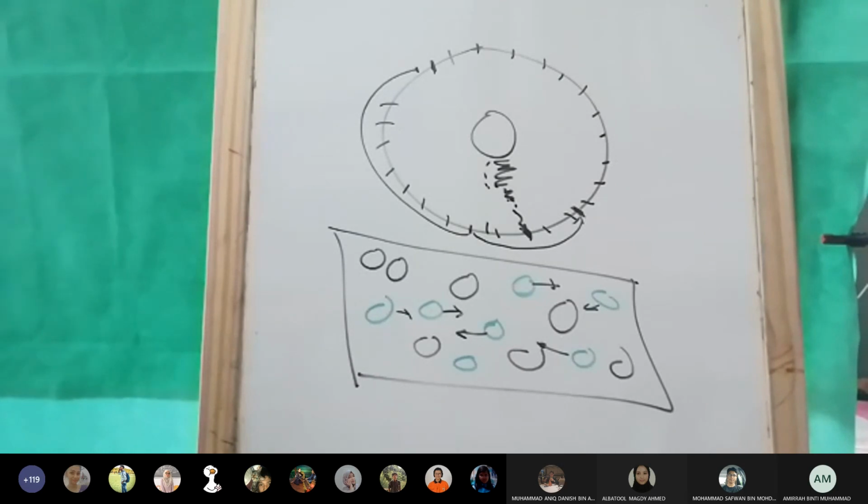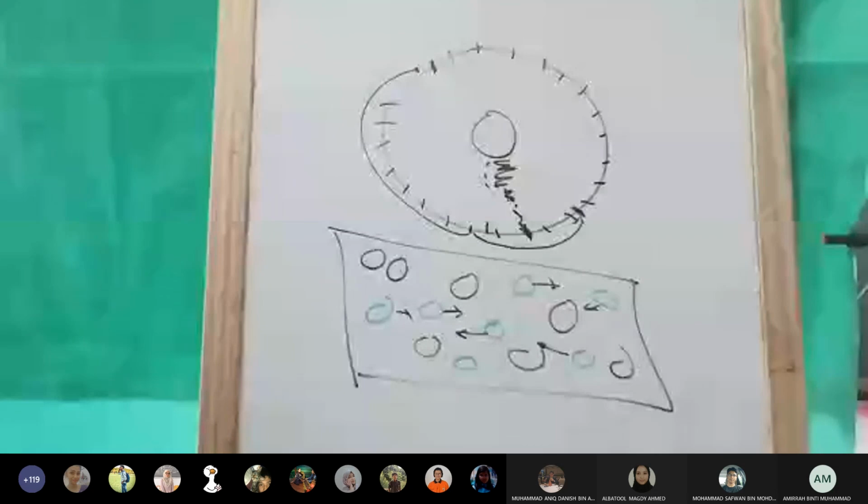Then you have the glycoproteins. Glycoproteins are on the surface and are very essential for vital cellular activity, including cell-to-cell communication and cell-matrix interaction. The main roles of glycoprotein are cell recognition and cell adhesion.